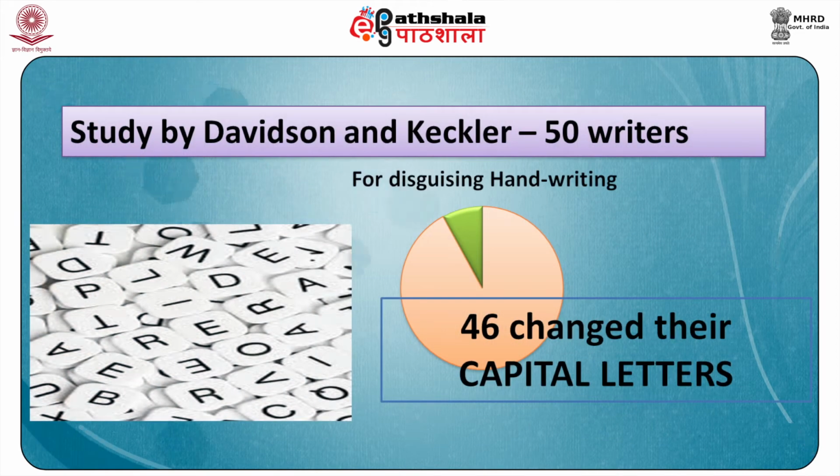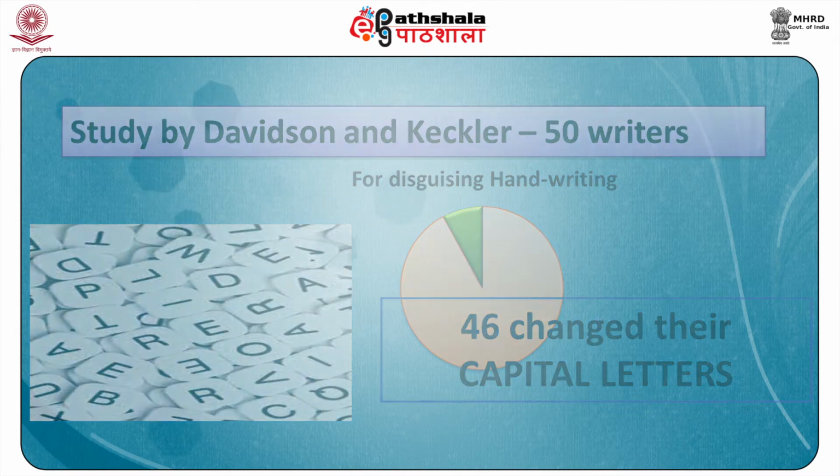Not surprisingly, 46 of the 50 writers changed their capital letters by using a block style of printing, shortening or lengthening the beginning and ending strokes, or embellishing the letters.